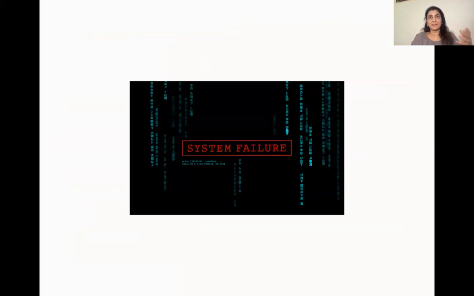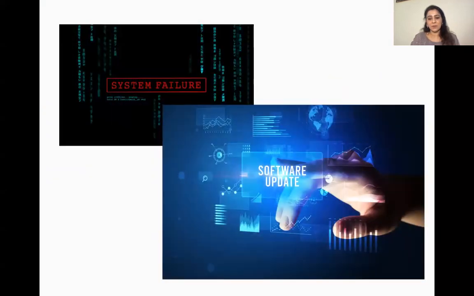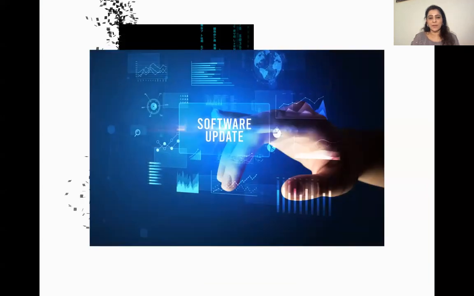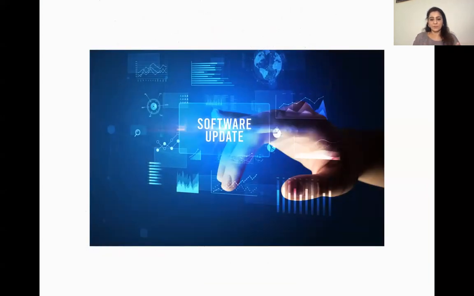So if you see the system failing in any way, and when I say system failure, I mean the symptoms and behaviors that you see outside, what you really need is a software update. You need to remove those bugs or viruses that are causing those issues. When you do it over a period of time, you will see that all the other unwanted stuff is gone, and you now have software in your child with a better level of functionality.